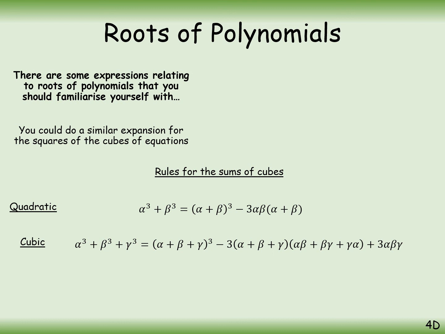So we have the sum alpha plus beta plus gamma all cubed, minus 3 lots of this, plus 3 alpha beta gamma. And we don't need to know the sum of the cubes for quartic, it's not required, luckily. So we're okay.